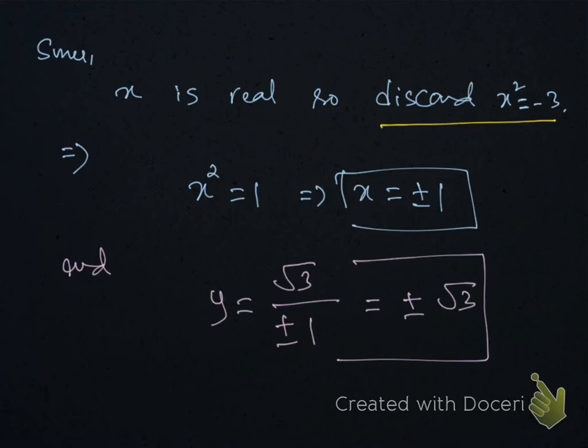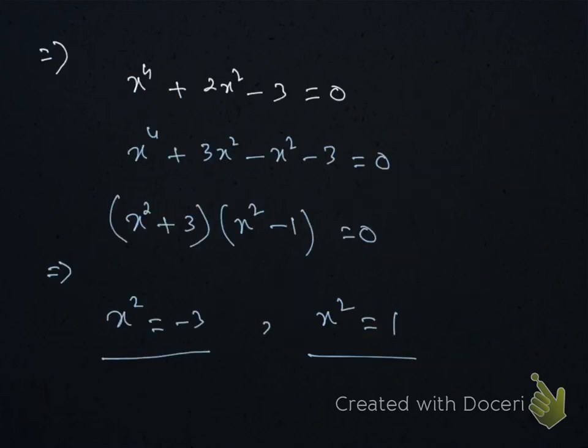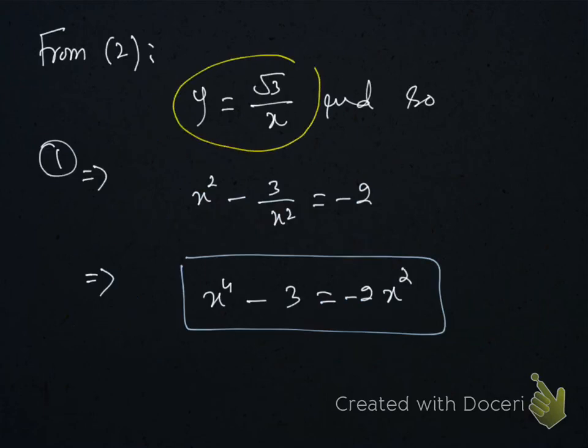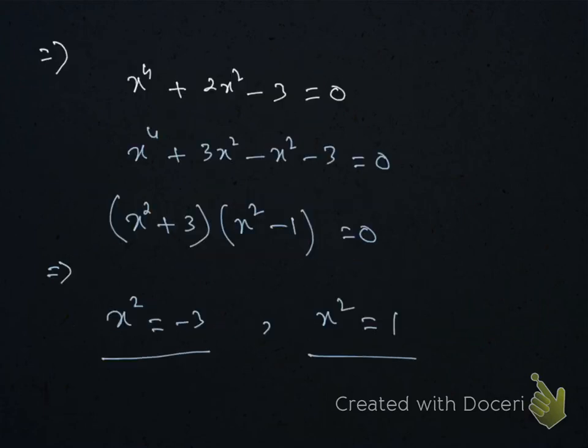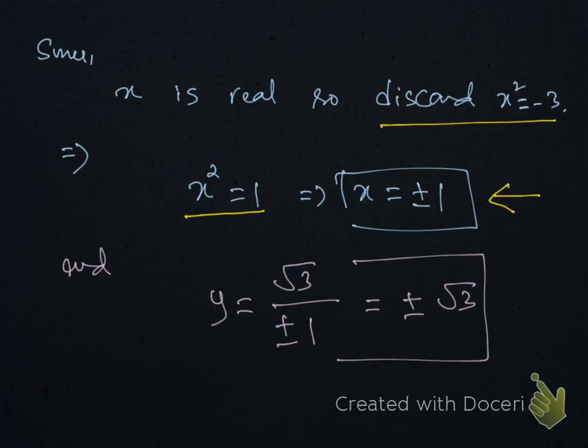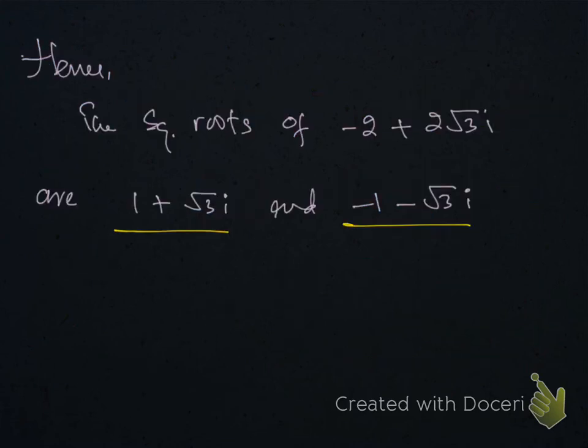By solving the second equation, which is x square is equal to 1, we have x is equal to plus minus 1, and by substituting plus minus 1 into this equation, we will have the values of y, which are plus minus root 3. So we have got two values of x and two values of y. So these are the two square roots, the required square roots of the complex number.